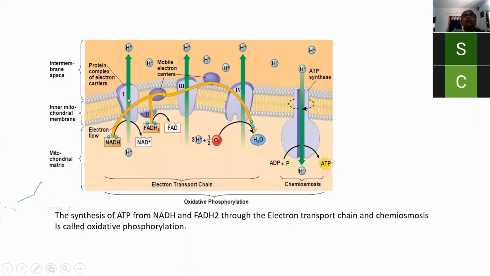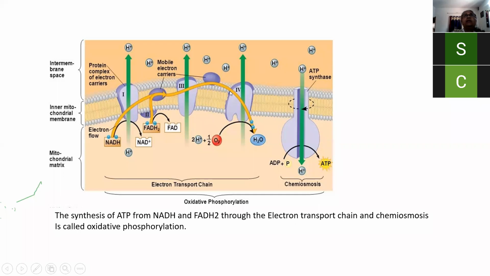In all these complexes we will have Fe2 plus to Fe3 plus, that is what is happening here. And then again the electron carriers are here, these are cytochromes which will carry electrons to complex 4. So you can see the proton gradient here. Now here the water is formed, and because of this proton gradient, which will now push the protons into this is our ATP synthase, which will synthesize the ATP.